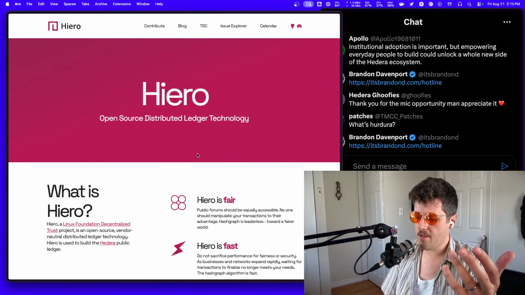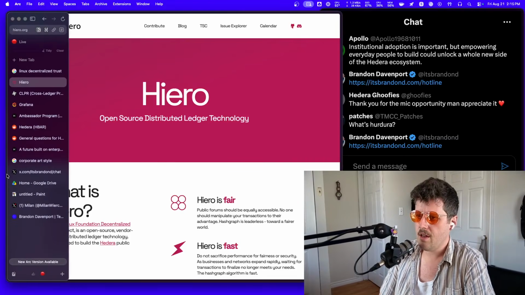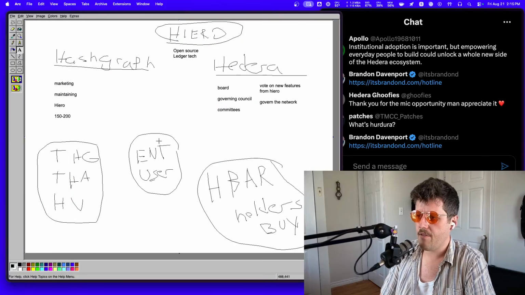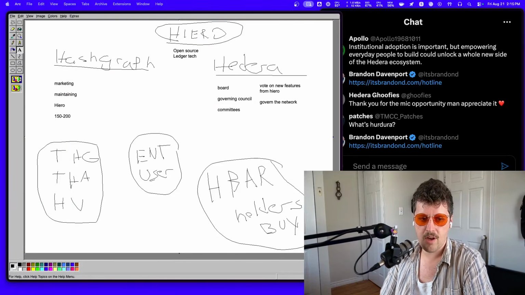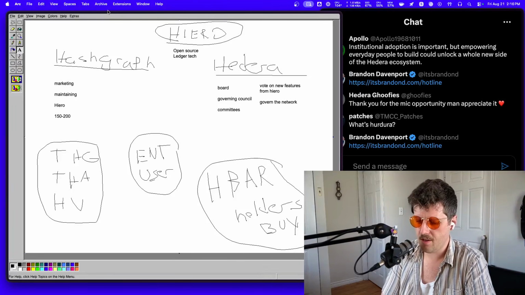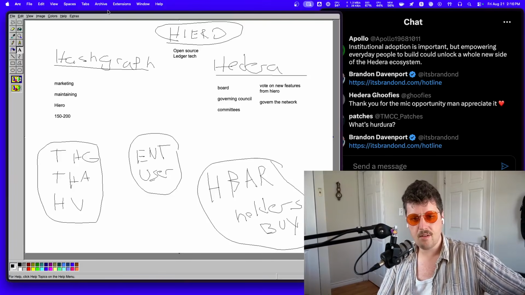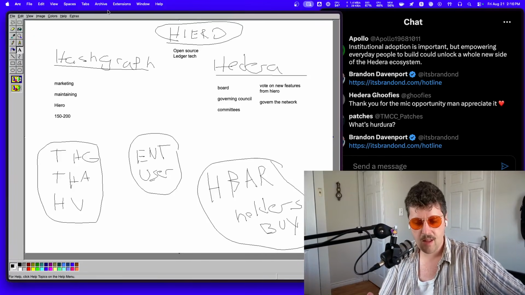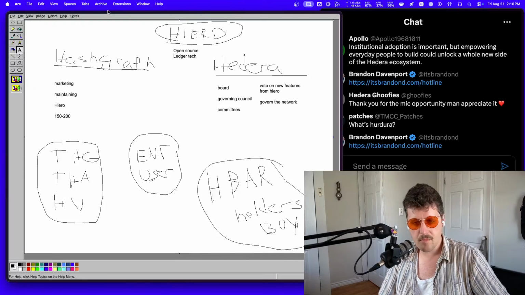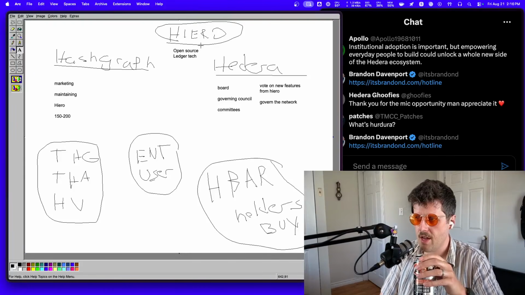On the other side, enterprises want to use technology that is in approved repositories or approved systems. The Linux Foundation is a way that enterprises can say, hey, I want to use this technology, check that box, boom, let's integrate it. So that is a good development in this area. So that's Hyro.